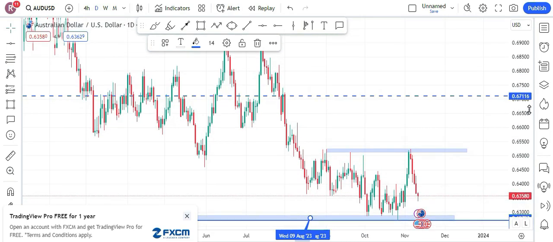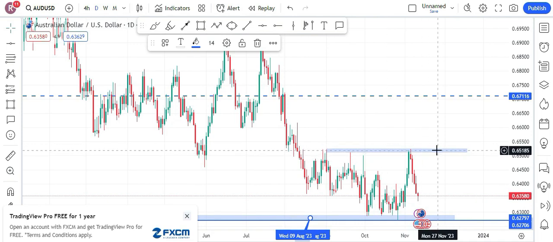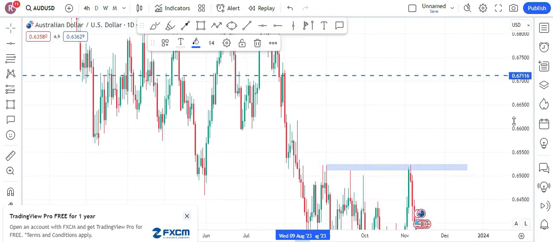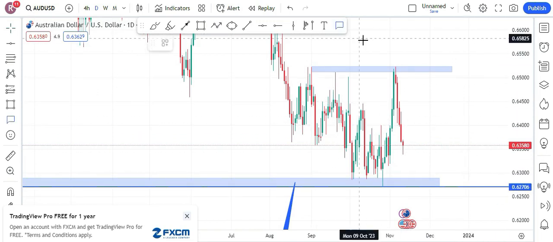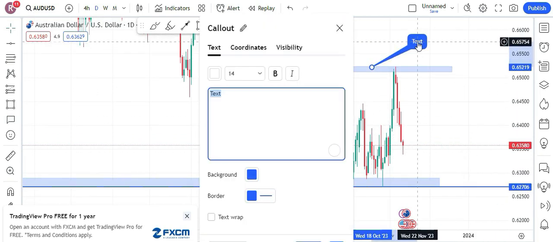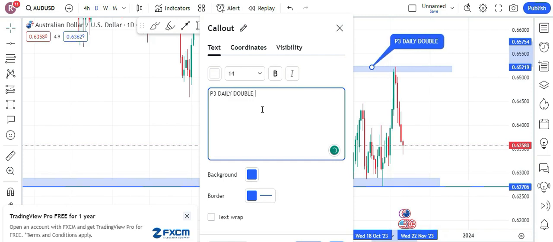Now after reaching the price here, we can see it has created a double top here in the daily time frame. So let's mark it as pattern 3, P3 daily double top. So this is P3 daily double top.